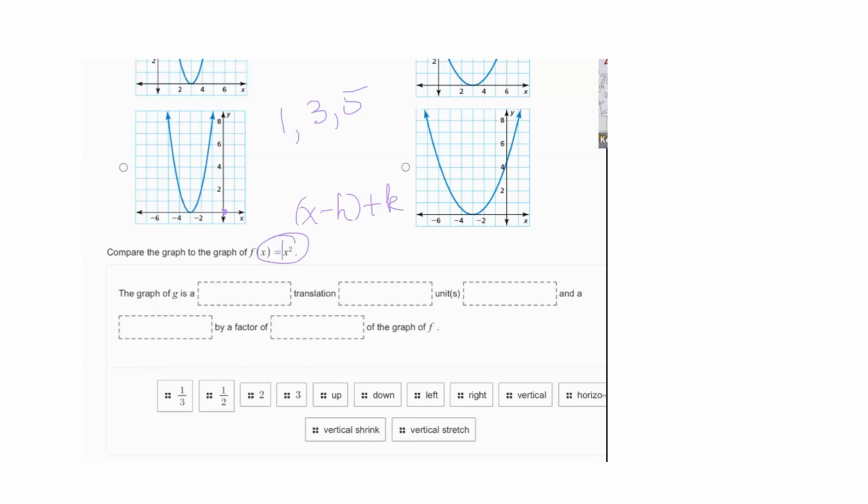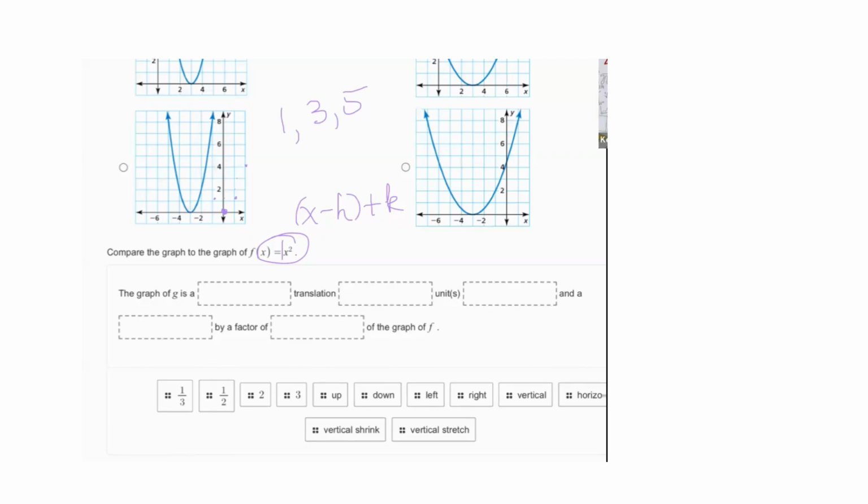It starts at 0, 0, the vertex, and then it goes up 1, out 1, and then up 3, out 1. Instead of sketching it right there, I'm going to scoot it over and sketch it over here so we can see if it's wider or narrower, compressed.